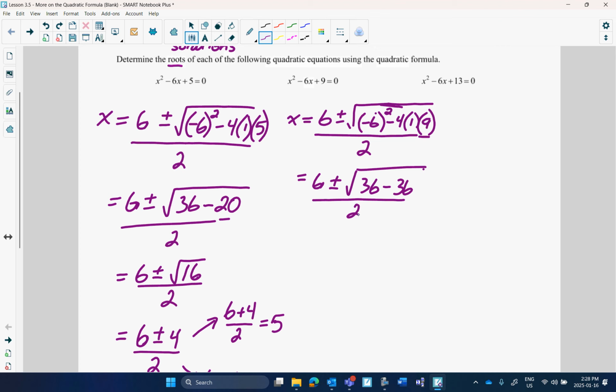Well, 36 minus 36 is 0, and the square root of 0 is 0. And 6 plus nothing is 6, 6 minus nothing is 6. So really, when this works out to 0, you just cancel this whole thing out, plus and minus included. Your answer is 6 divided by 2, which is 3.